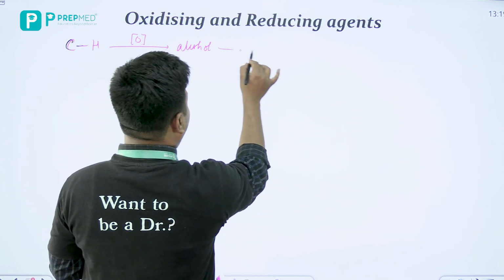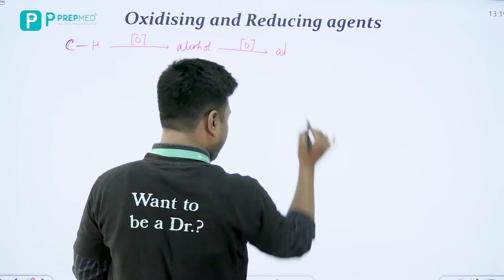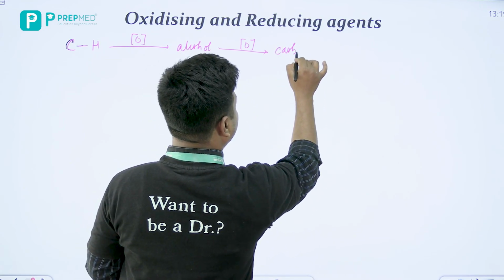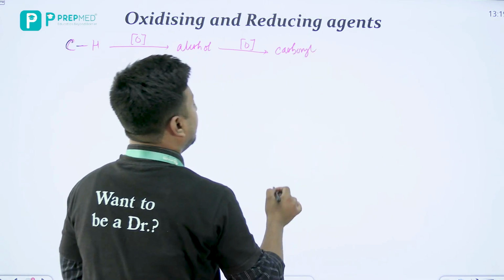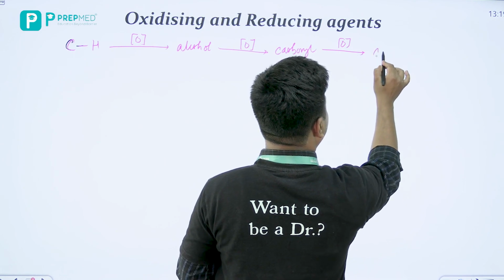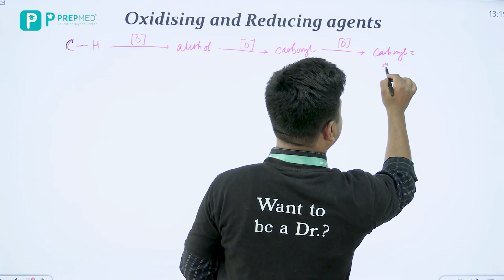If you oxidize this alcohol, you will get carbonyl compounds. And if you oxidize this carbonyl compound, you will get carboxylic acid.